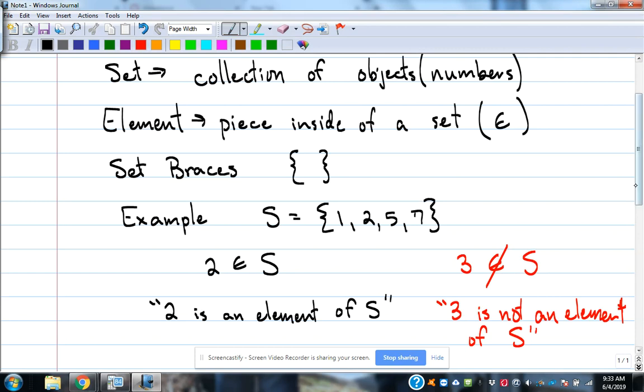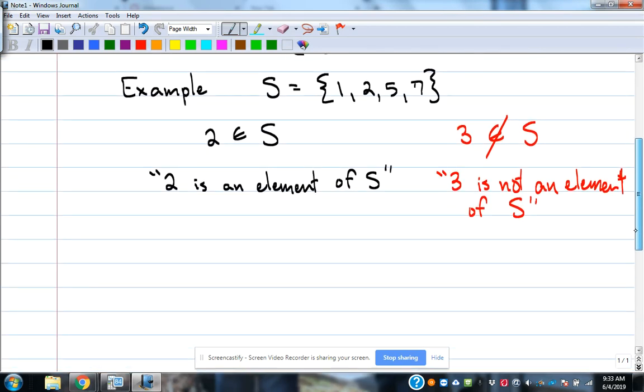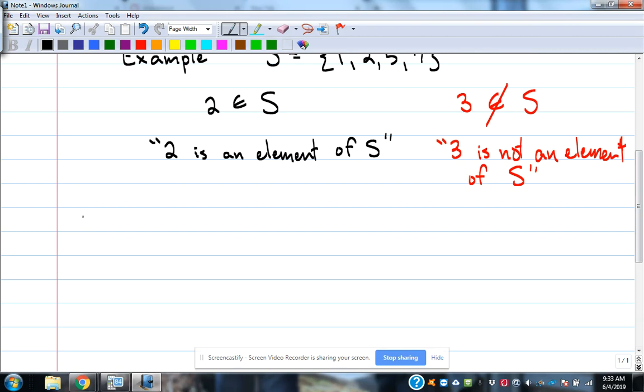All right. When we're dealing with sets, there are different kinds of sets. There's a thing called a finite set. F-I-N-I-T-E, finite set. A finite set has a limited number of elements.